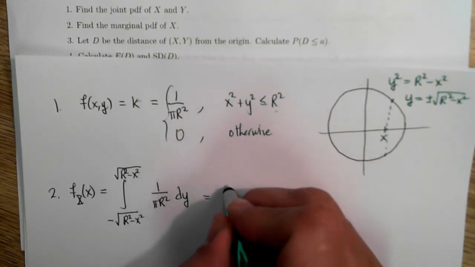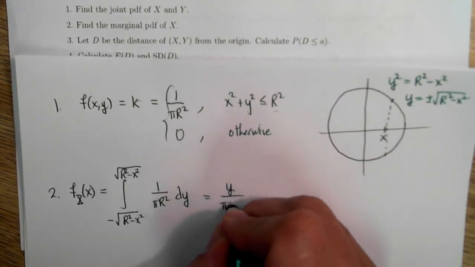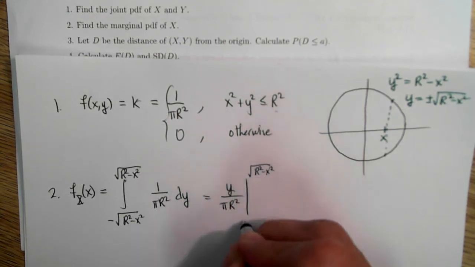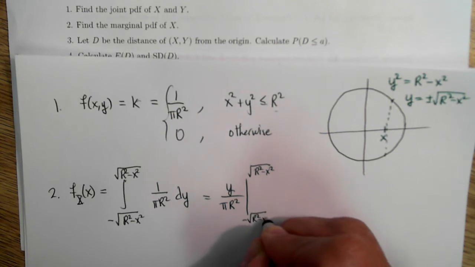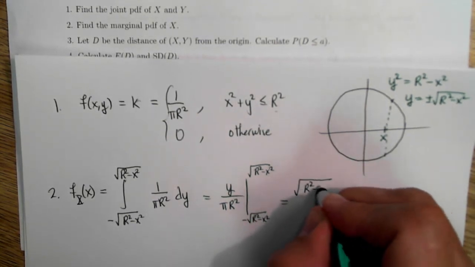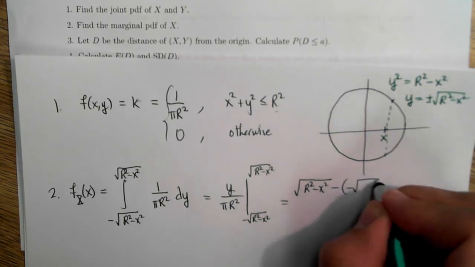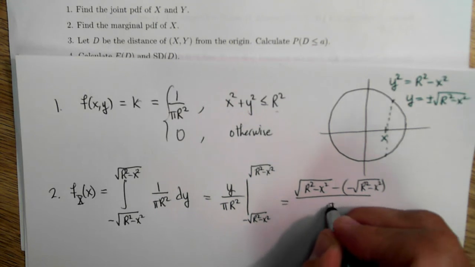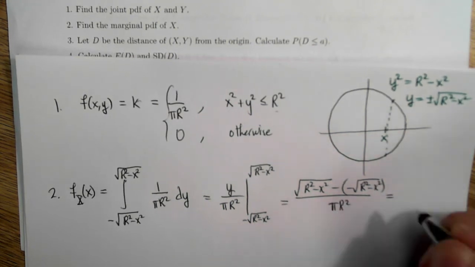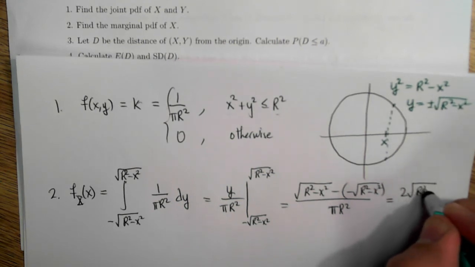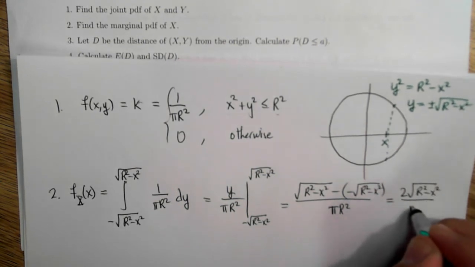That'll be equal to y over pi r squared, evaluated between these two endpoints. Plugging in, we get the square root of r squared minus x squared minus negative square root of r squared minus x squared, divided by pi r squared. And that works out to be 2 times the square root of r squared minus x squared over pi r squared.